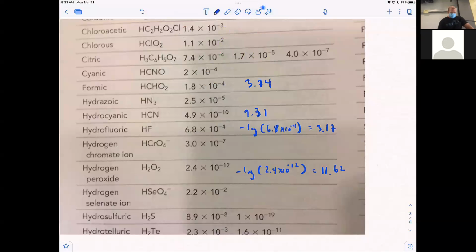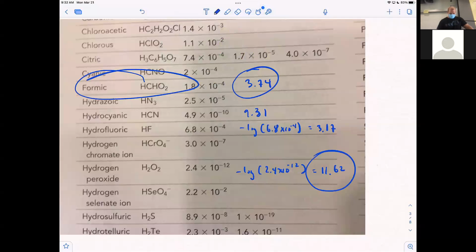Formic acid is going to have a pKa of 4-ish, and hydrogen peroxide has a pKa around 11 to 12. So when you have solutions of these things, the formic acid solutions are going to tend to be in the acidic range.